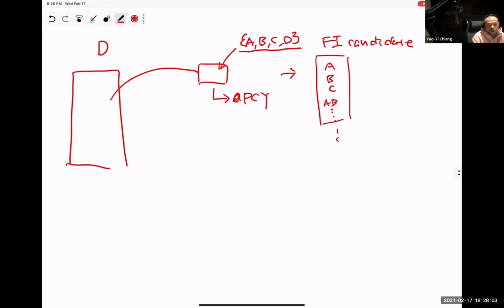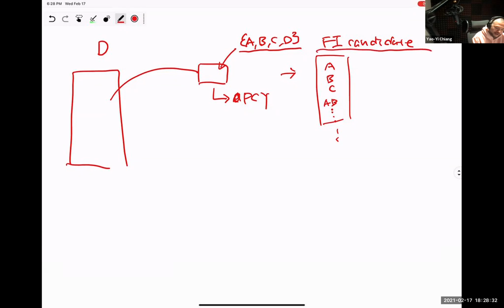So it's highly unlikely that your sample will not cover some item sets. Just think about this. If you take 10% of the sample and your sample does not cover D, that means D might not even be frequent, right? You don't really have to care about D because it just appears infrequently. Okay, so this is your frequent item set candidate.